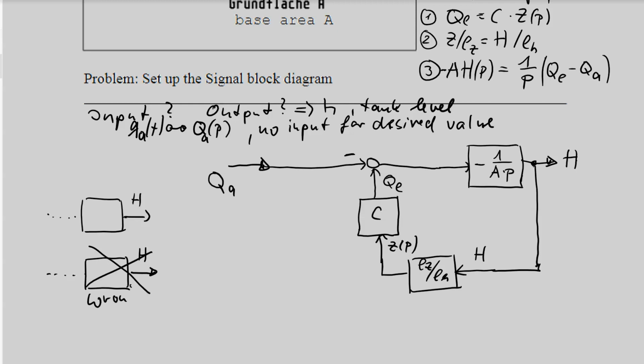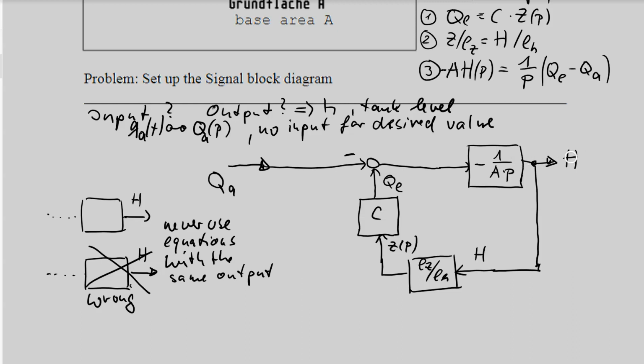Never use two equations in a way that both equations produce the same output. Then I cannot set up a signal block diagram properly. Never use equations with the same output. It's a contradiction. This gives H, this gives H. You cannot combine them with the same output.